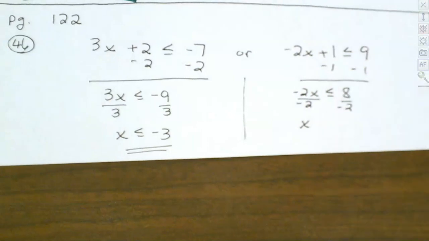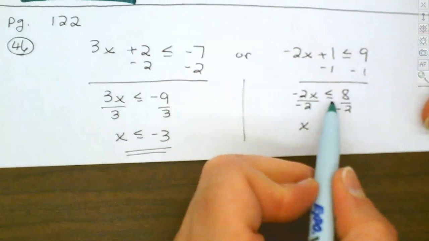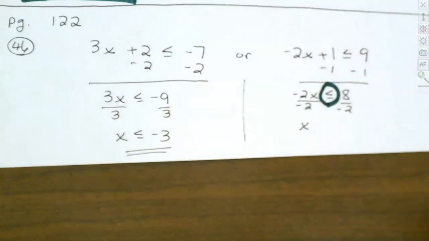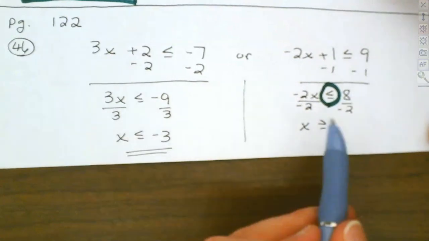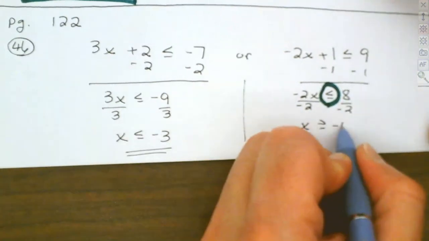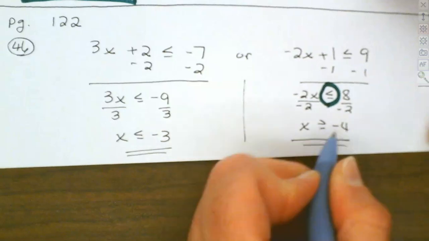Why are we going to switch our inequality symbol? Because we are dividing by a negative, right? When you divide by a negative, that flips the symbol around. So we flip that around. And 8 divided by a -2, well, that is a -4.